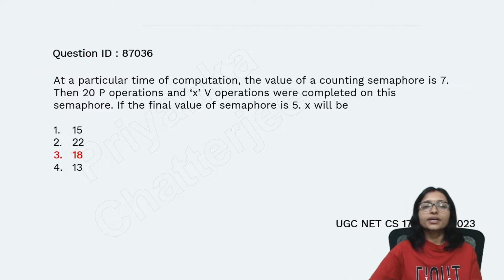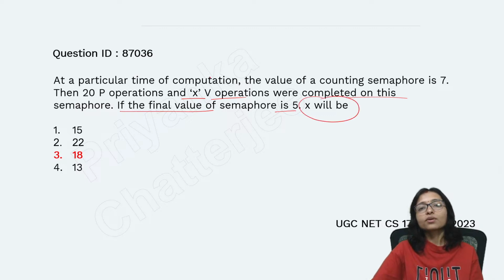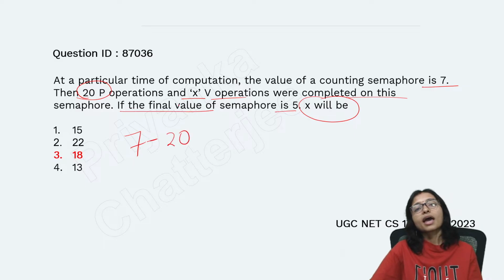So here it is very easy: x V operations are completed, and if the final value of the semaphore is 5, what is the value of x? At a particular time the semaphore value is 7, and 20 P operations, P means wait, so you have to do minus 20, and x V operations, V means signal, so plus x.